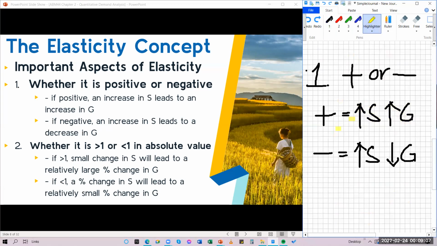From the word itself, the relationship is negative, meaning they are opposite. So if your studying increases, it would lead to a decrease in your grade. So this is the first aspect you need to consider when it comes to elasticity: whether it is positive or negative.